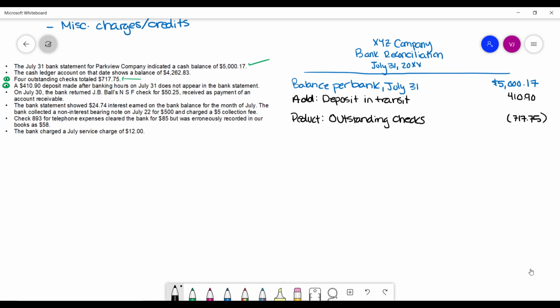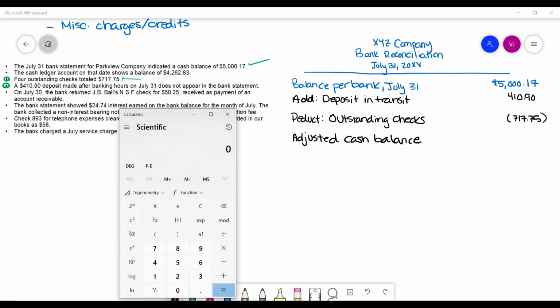So once you make any changes to the balance according to the bank statement, we will include another line item here called adjusted cash balance. So we're going to take a calculator, and we'll take that $5,000.17, add the deposit in transit, and subtract out those outstanding checks.